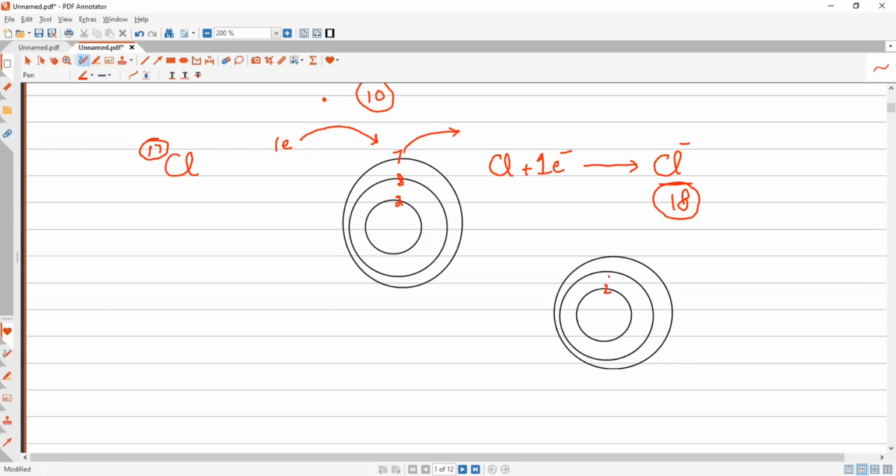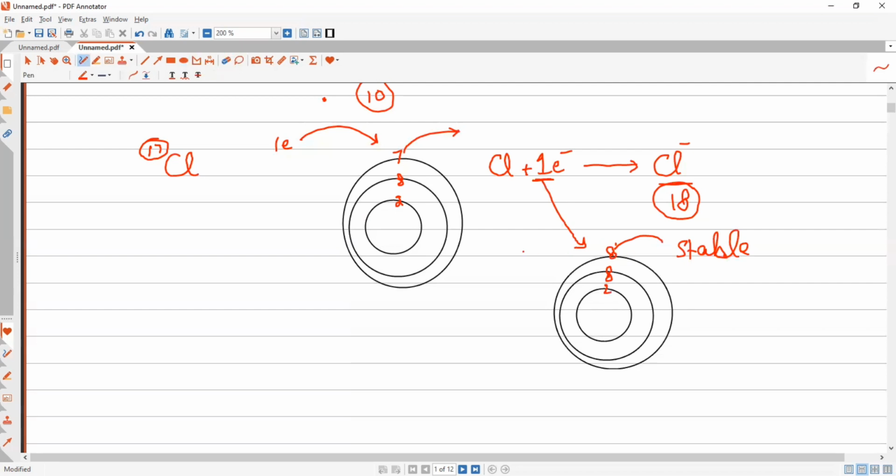It contains 2, 8, and now the outermost shell also contains 8 electrons because it has gained one electron. After gaining one electron, the outermost shell is completed. So that's why it is stable now. So the main thing is that there are some atoms that can lose electrons to become stable, and then there are some atoms that can accept electrons to gain stability.